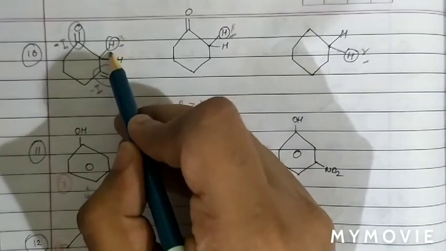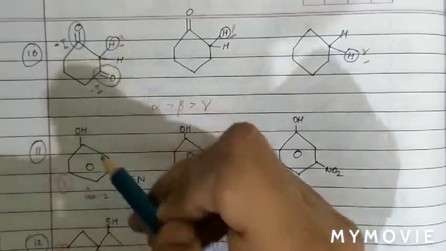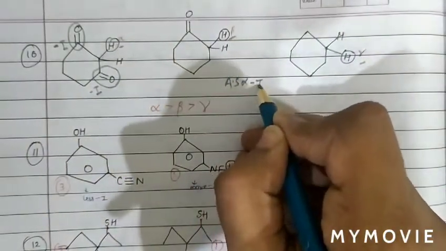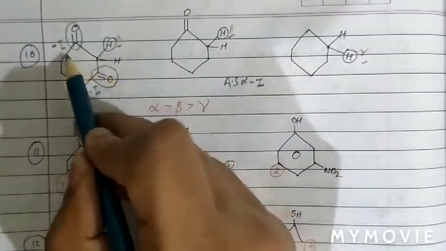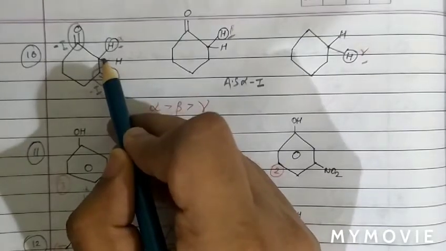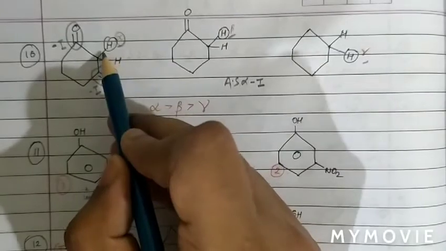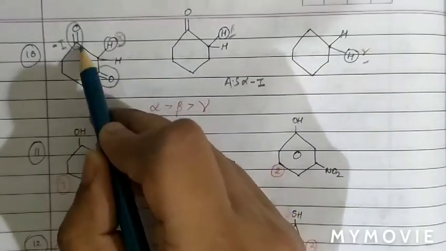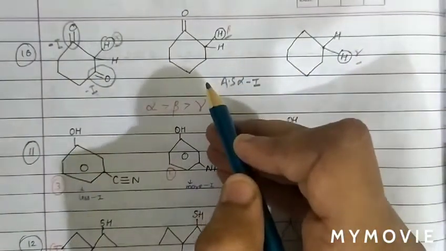So the release of alpha proton is easy. Why? Because acidic strength is directly proportional to minus I. Here the alpha proton is surrounded by 2 minus I groups, and minus I groups increase the tendency to release a proton. So the tendency to lose H plus ion increases in case of alpha proton because it is surrounded by 2 minus I groups.